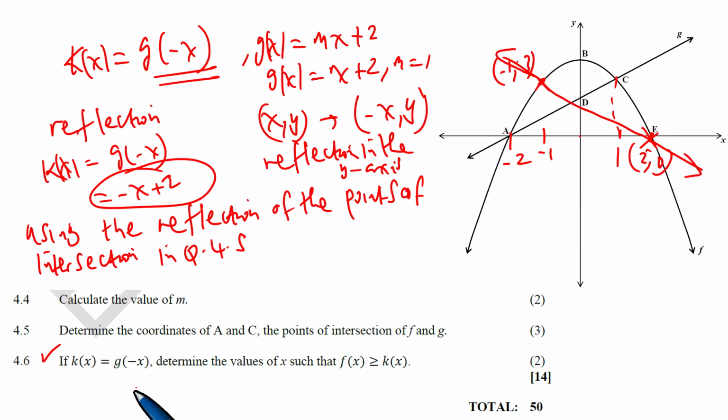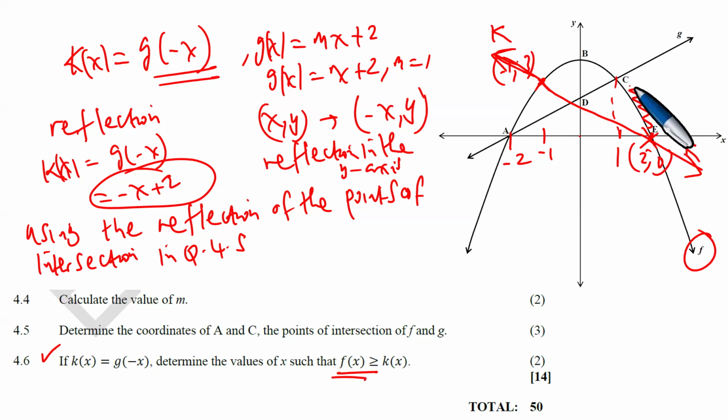Right. So if you had to determine the values of x for which f is above k, this new function is called k of x, but we are looking for where f is above k. We're able to see that here is f, and here is k, the straight line.